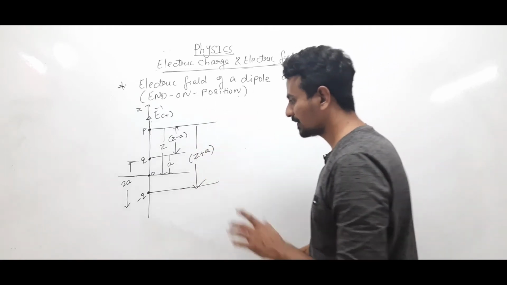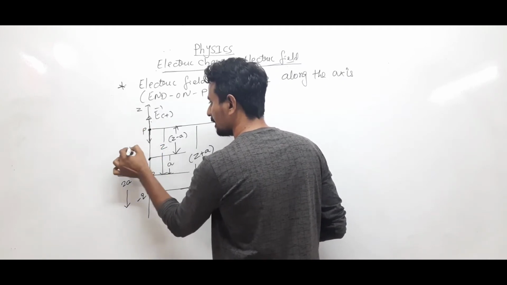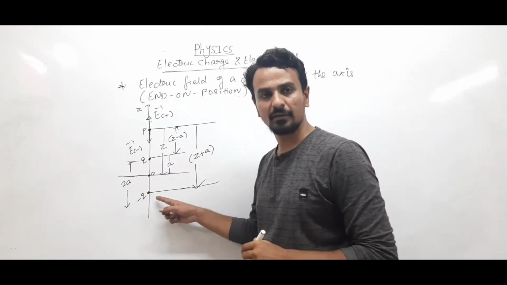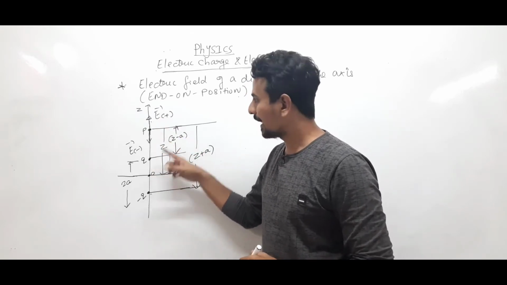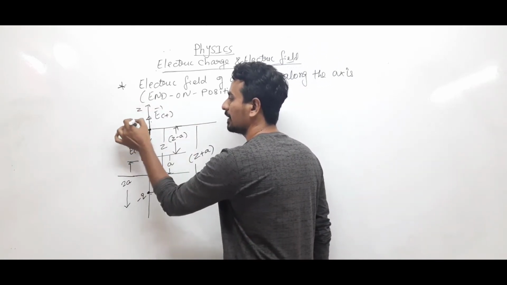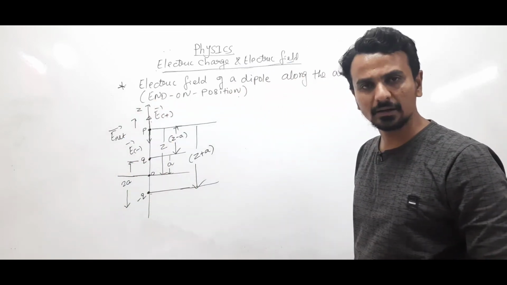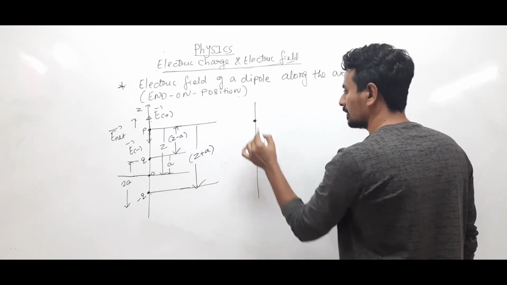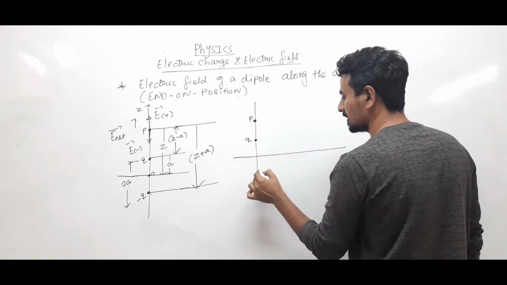The direction of this electric field will be towards the negative charge. But the negative charge is far from the point P as compared to the positive charge, so magnitude wise this electric field will be weaker.